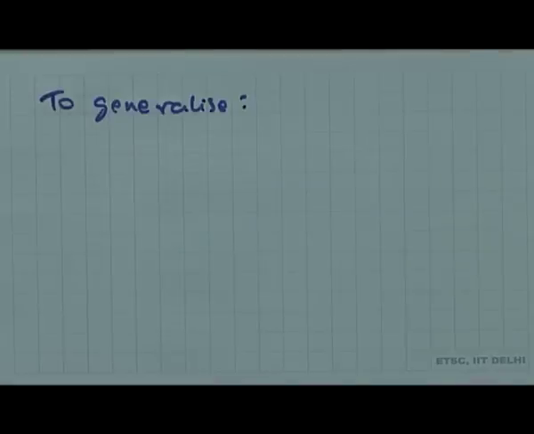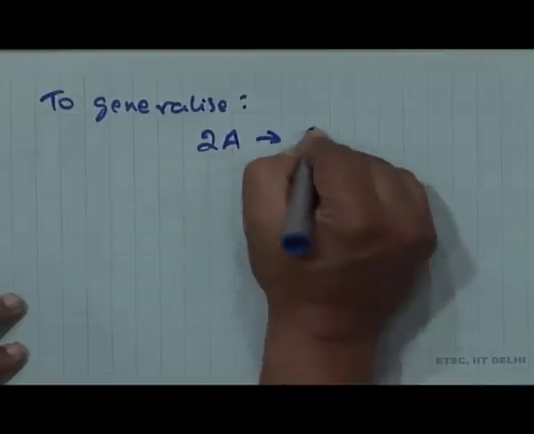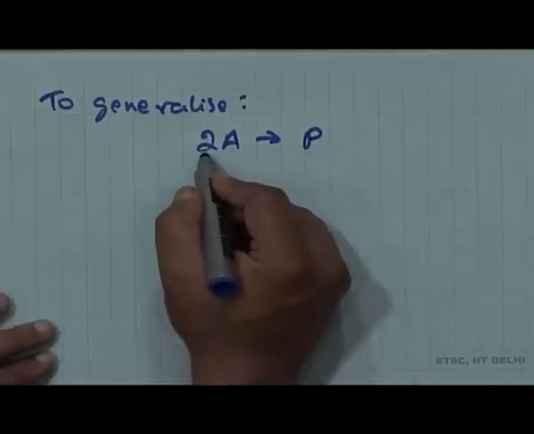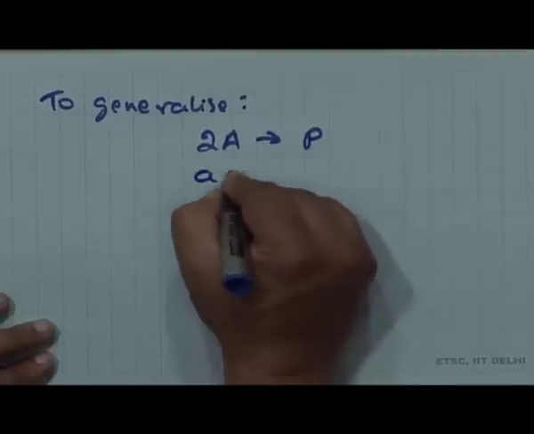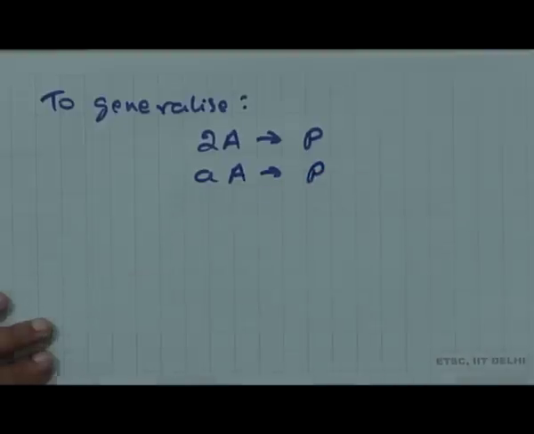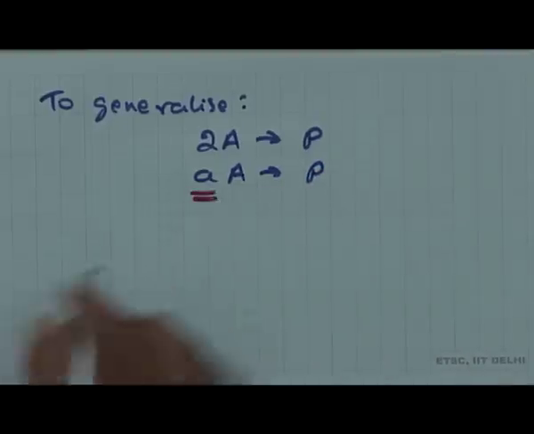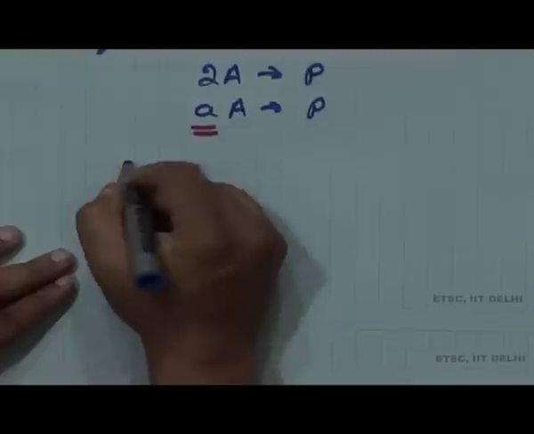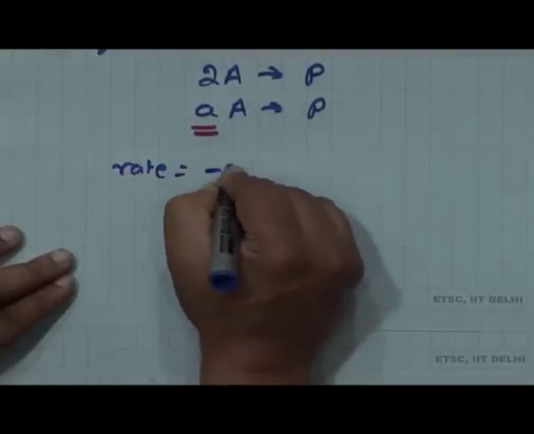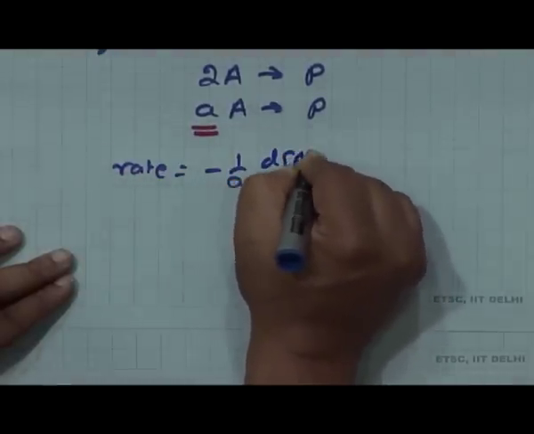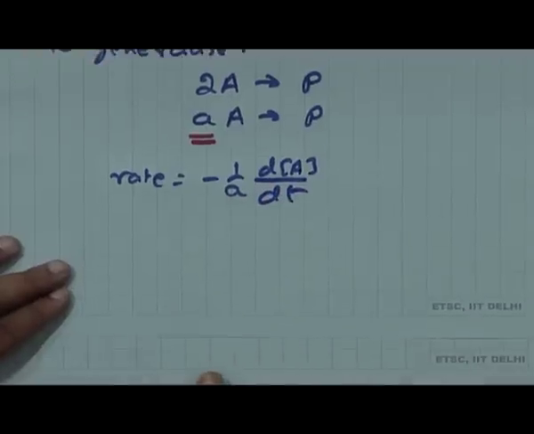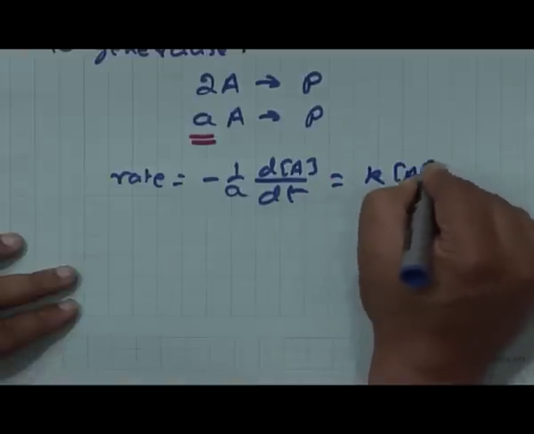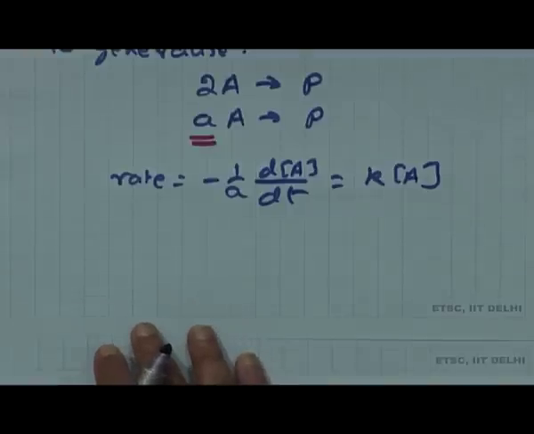So to generalize, if for any reaction I have, say, 2A going to products, as this was for N2O5, I can say aA going to products, where a is the stoichiometric coefficient. Then the rate is equal to minus 1 by a, d[A] over dt, which is equal to K times the concentration of A, being a first order reaction.